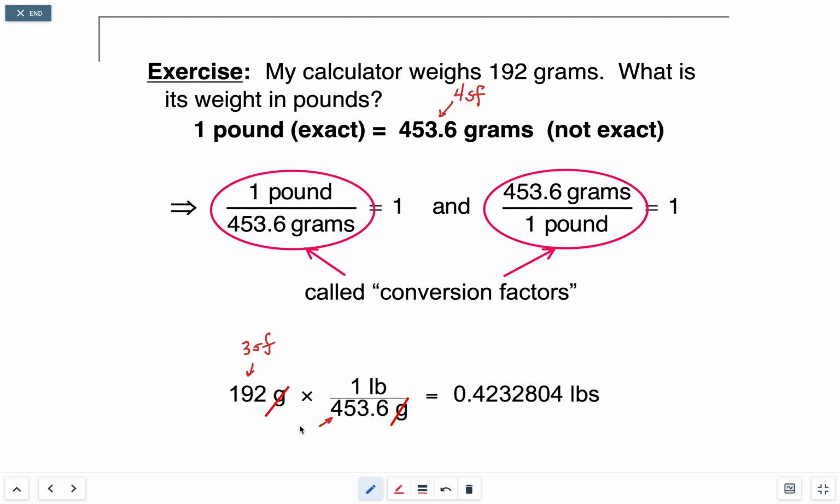And this one is 4 significant figures. So according to our multiplication division rule, we need to report our final answer to which of these has the fewer number of significant figures. So this is 1, 2, 3 significant figures. We need to round this down to 0.423 pounds. And we end up with this relationship. 192 grams is equal to 0.423 pounds.